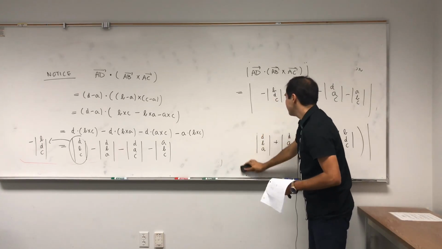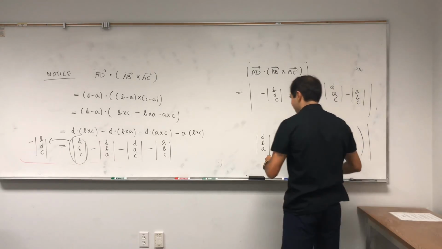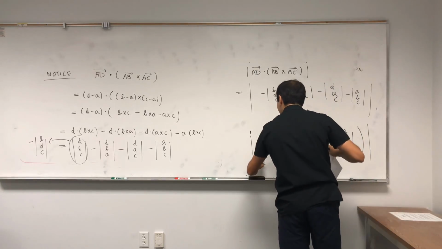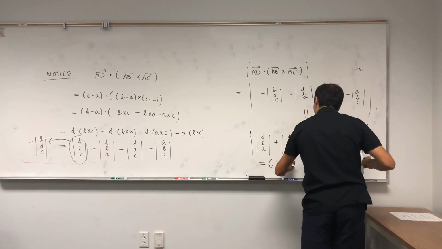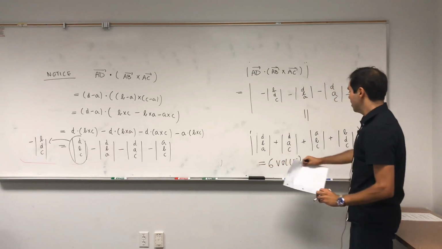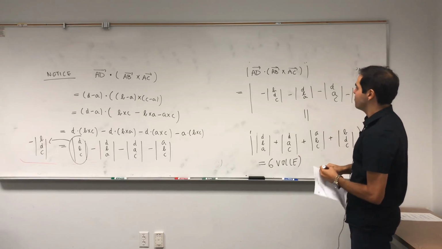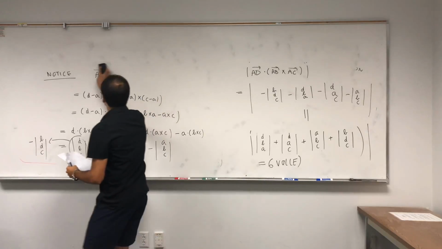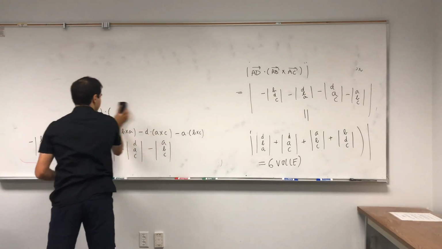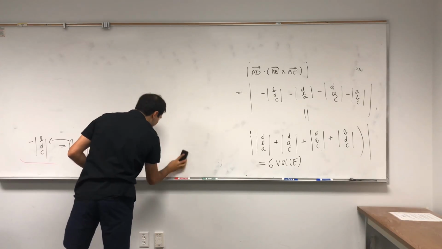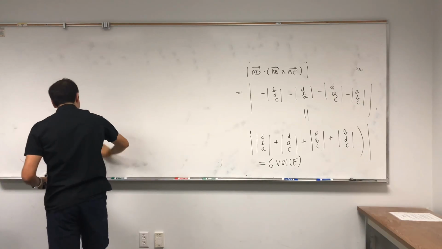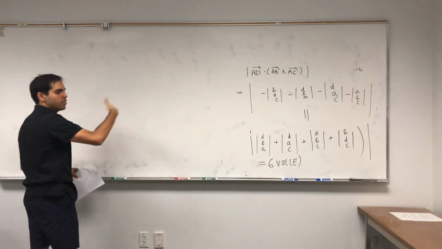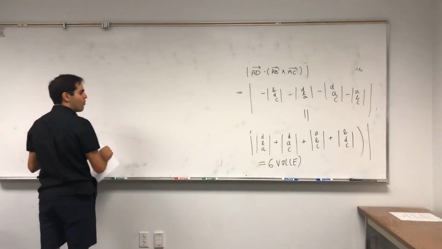But then the absolute value of this, so the volume is 1/6 of that, so this is 6 times the volume of E, and therefore the volume of E is 1/6 times this. So I just want to show you, using our very general formula for volumes, it just simplifies to that formula.